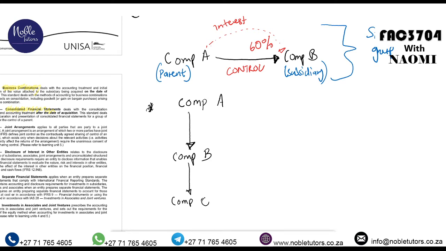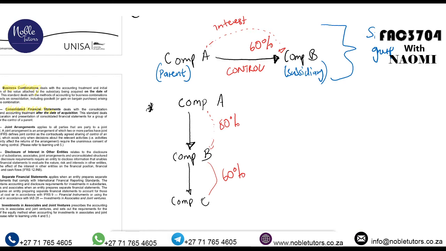Company A has 80% in company B. And then company B has 60% in company A. Pay attention. So you see what's happening here.